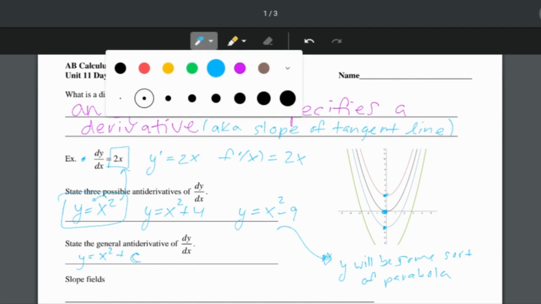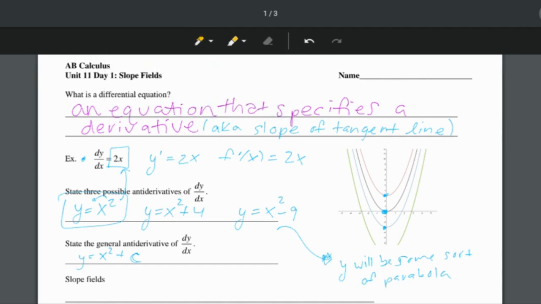And really all a slope field is, is if you look at the graph of your original function and you draw in mini tangent lines. And we do this all the time. We just draw in a bunch of mini tangent lines. And we could do this for all of the possible graphs because, again, we don't know which one was the original function. And if you draw in these mini tangent lines, what is formed is called a slope field.